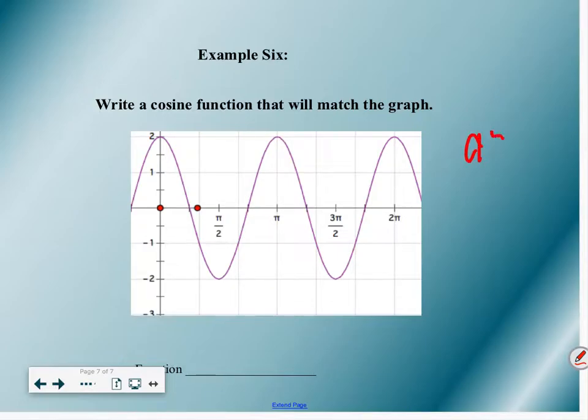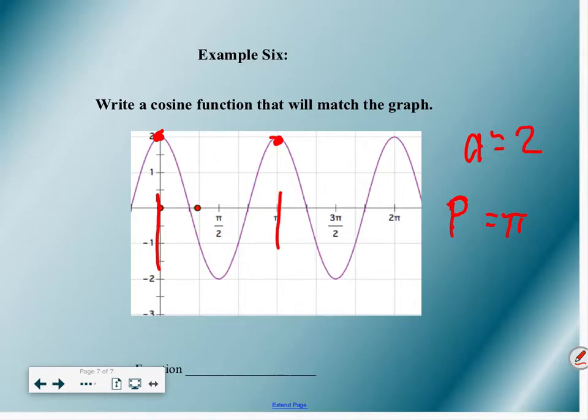Okay, amplitude is what? 2. My period, do you remember how to find period? From a graph, you go from the highest point and start at 0, 2. I want to get back to 2. How long does it take to get back to 2? Pi, 0 to pi, so my period is pi. Is pi B then? No. What do I gotta do?